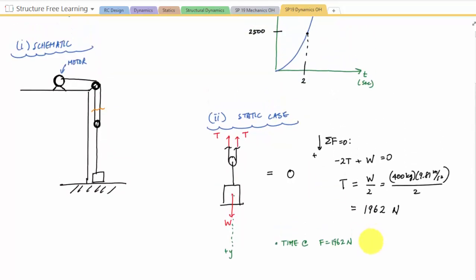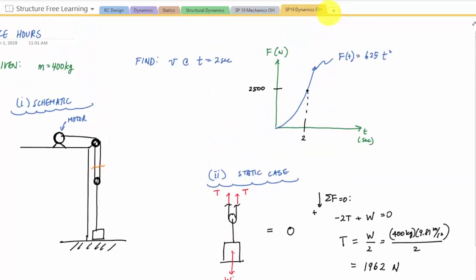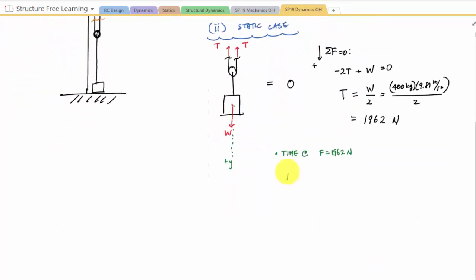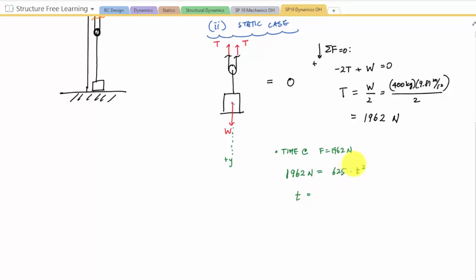I take the relationship here: 1,962 newtons equals 625 times t squared. The 625 has units of newtons per second squared, but it's all good. 1,962 divided by 625, and then the square root of that is 1.77 seconds.